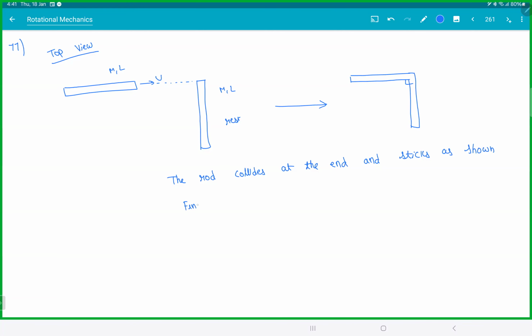Find the velocity of center of mass and omega of the system. The system is that L-shaped rod. Meaning, the whole velocity of center of mass and the omega. Get it? Rod colliding with rod.